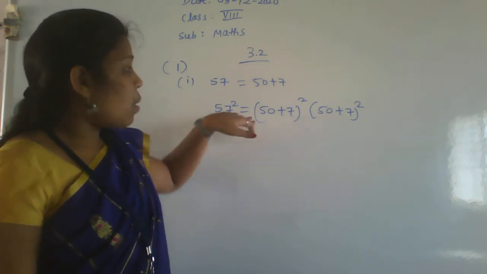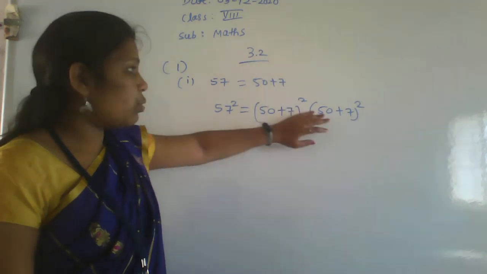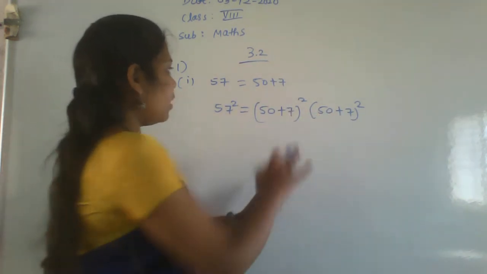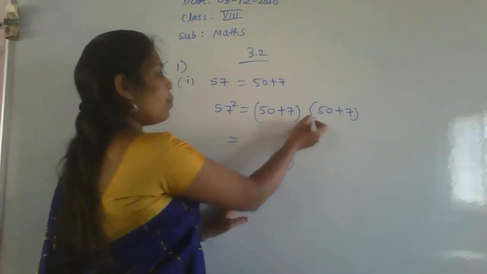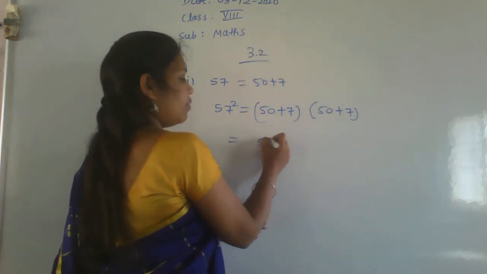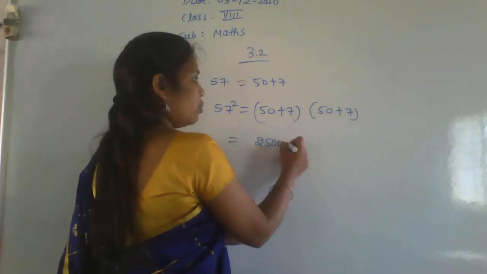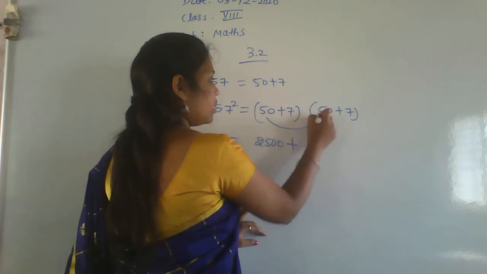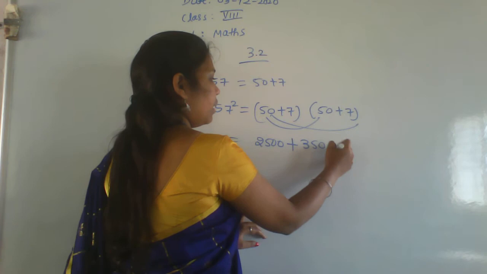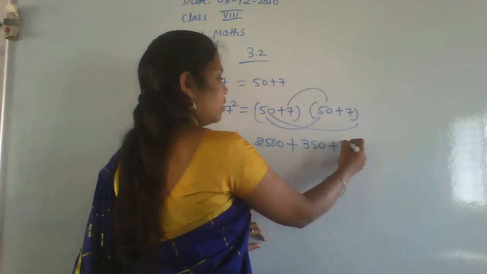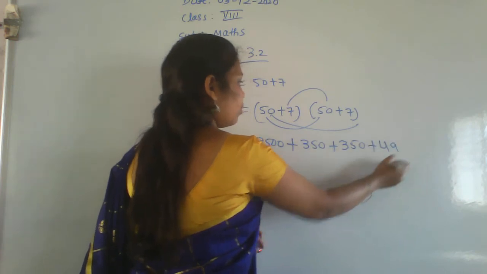So 57 can be written as 50 plus 7, (50 plus 7) whole square. Don't square this one, only this one. Now multiply. 50 into 50 is 2500, plus 50 into 7 is 350, again first for this one, next this one, 350, plus 7 into 7 is 49.